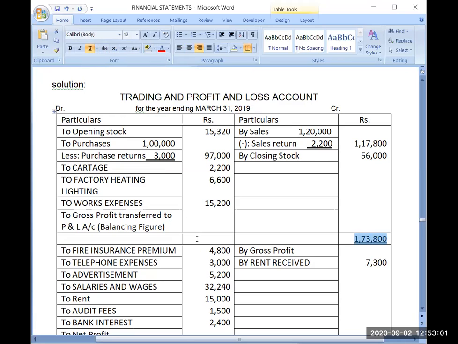This total we will be writing here on the opposite side, same total, and now we will start subtracting.